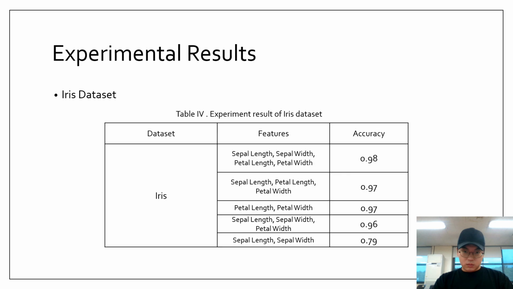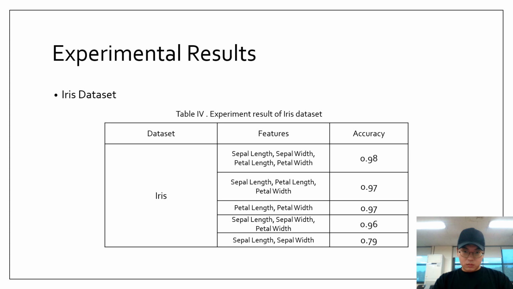Table 4 shows the accuracy when features were selected based on the scores shown in Table 3. In brief, the best result was shown when all features were used.